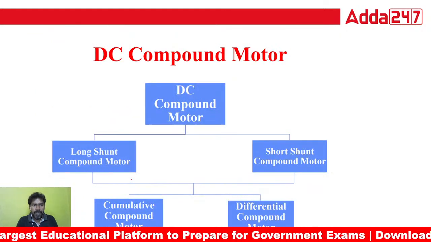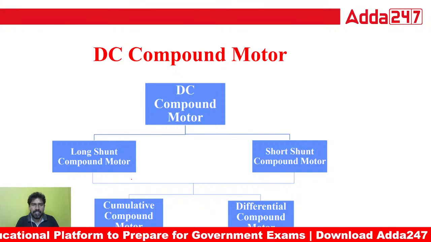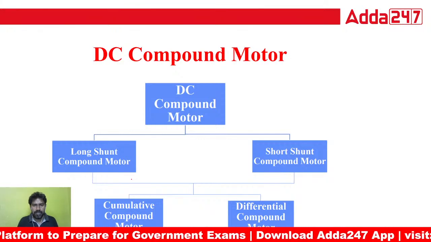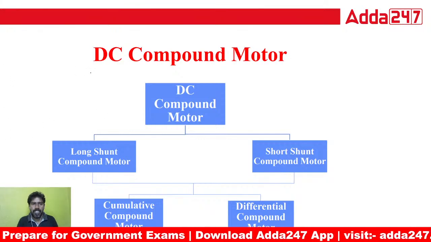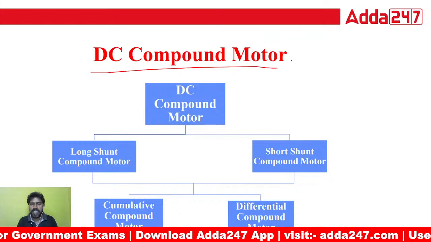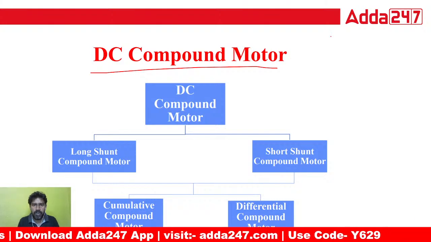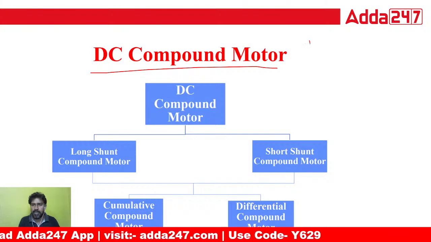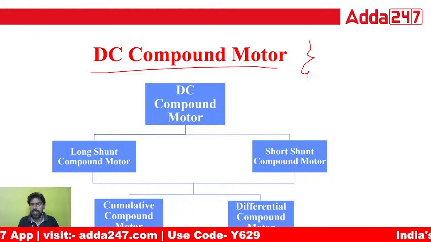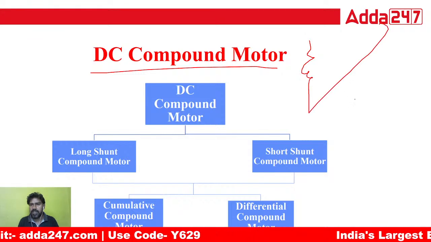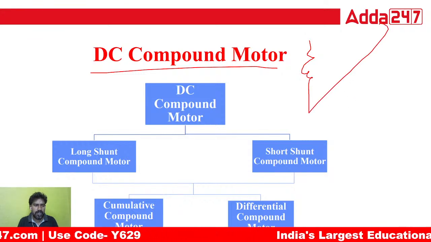Next classification is the DC compound motor. As per the field winding connection, we can classify it. A compound motor is the combination of series and shunt motors.